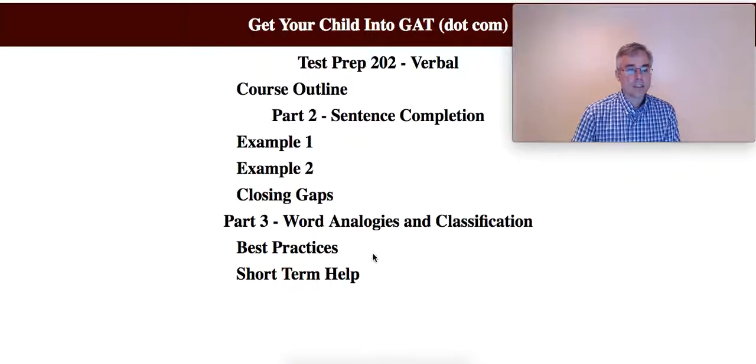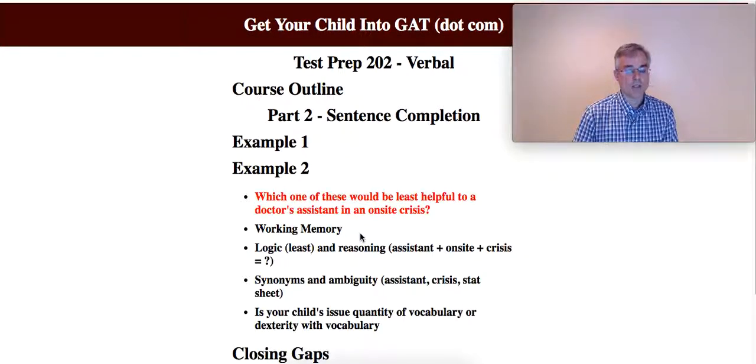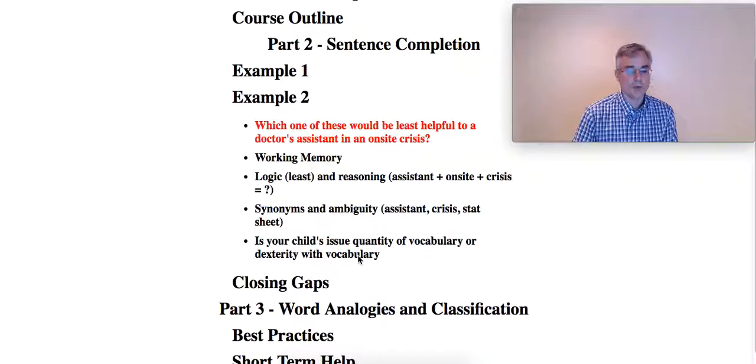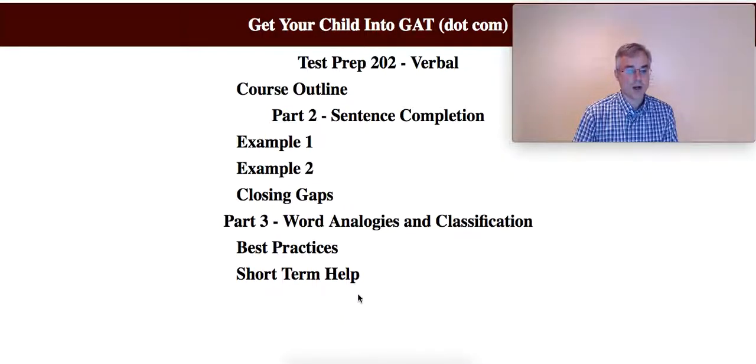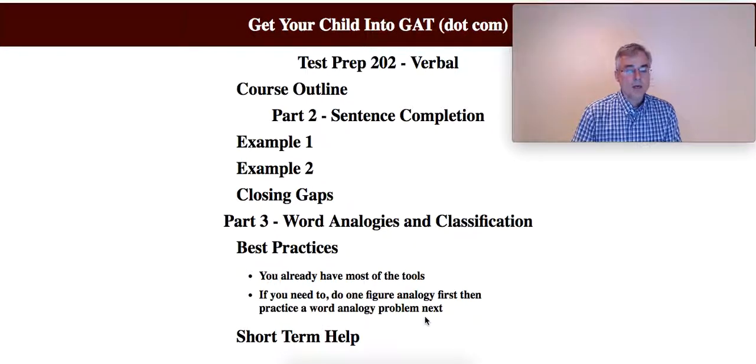Now, word analogies and classification are basically, I can take this question and rearrange it into either an analogy or a classification problem. And you're going to see that when we start picking apart these words. You already have most of the tools for the test question. When I covered figure matrices, I did so because I think it was exemplary of the way to approach a cognitive skills problem.